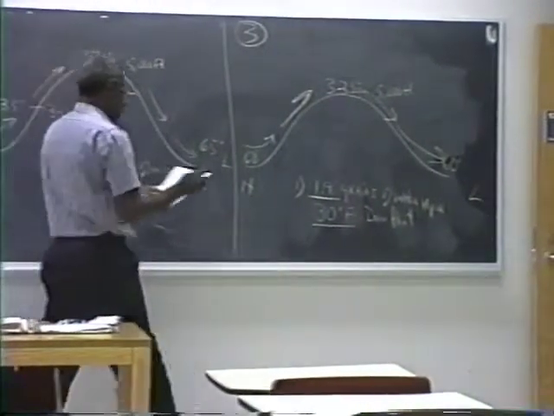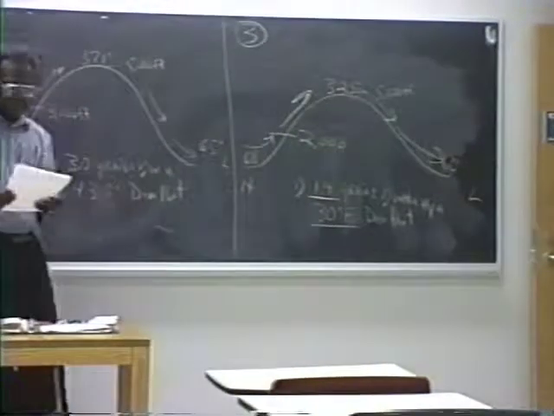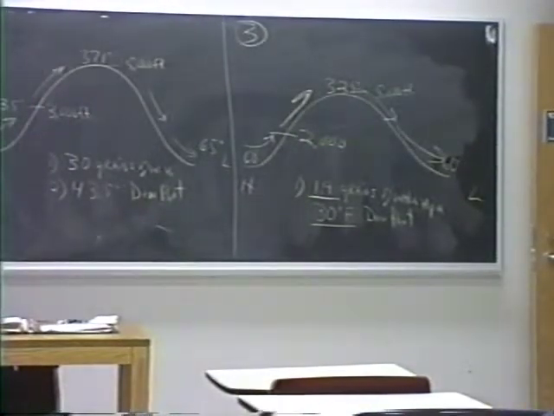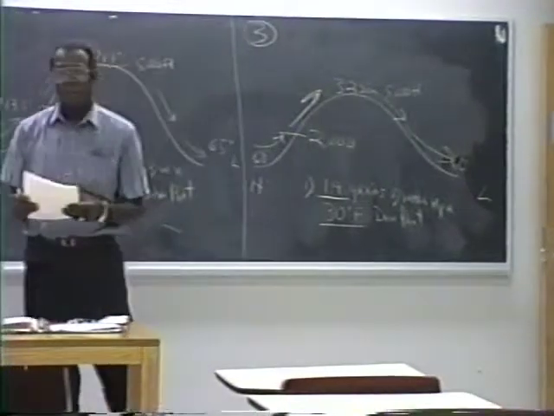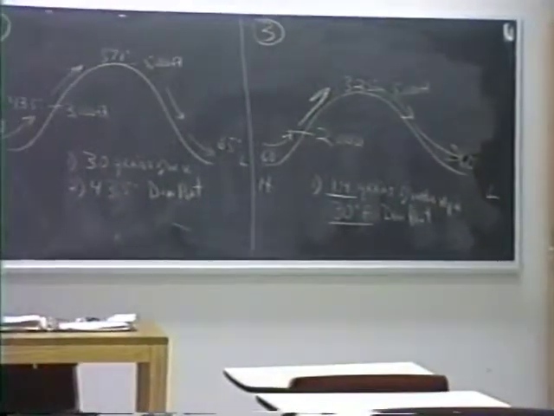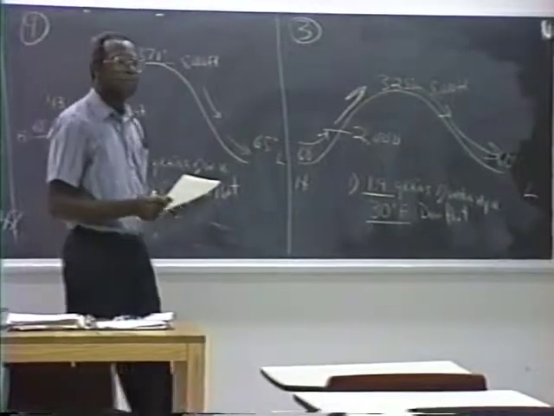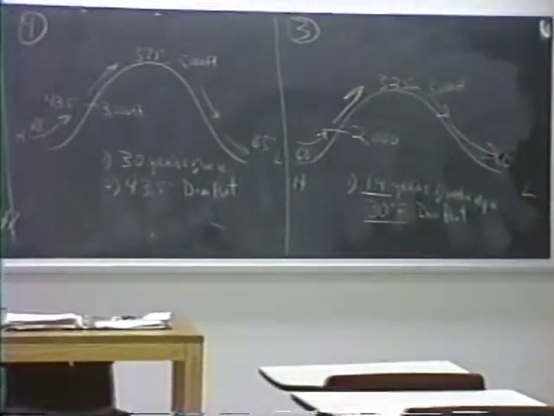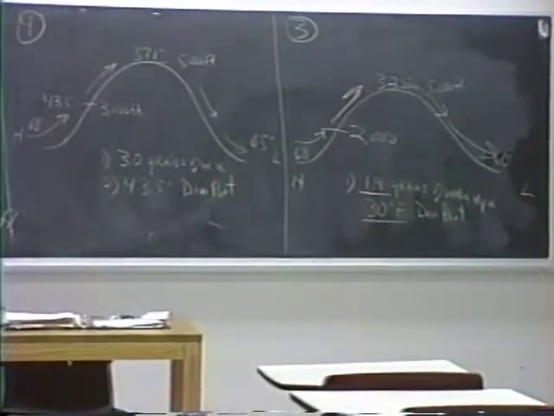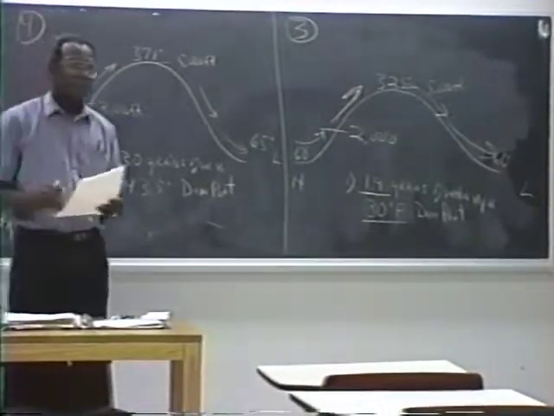Okay, so let's do some problems. If I were to ask you what is the temperature at 2,000 feet, how would you go about doing this, and what would be the answer? And those of you with maybe a calculator can do this fairly quickly, or even by hand, if you go through the procedure that we went through a minute ago. What would be the temperature at 2,000 feet?